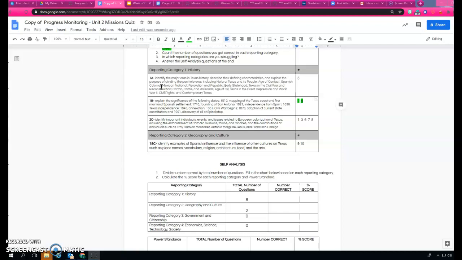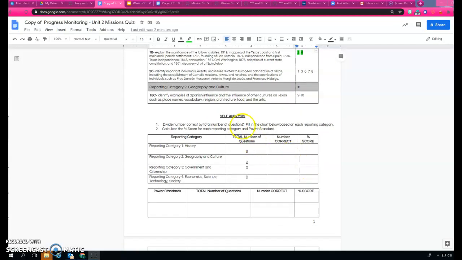For example, if you look at 1B, it's talking not only about certain dates of the mapping of the Texas coast, which was 1519 with Pineda, but also the first settlement and the founding of San Antonio, 1718. We're going to talk more about these different dates as the year goes on, so don't worry so much about that. Just read through these standards and make sure that, oh yeah, we did talk about that. We talked about Texas and its people and the mission system and the age of contact.